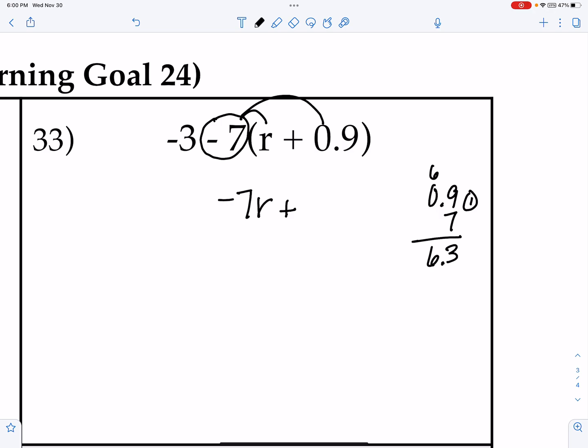A negative times a positive is a negative. So I end up with, for this, a negative 6.3. And then I bring down my negative 3 over here, combine like terms. Here's a constant, and here's my constant. I'm going to bring down my negative 7r plus a negative plus a negative, negative 9.3.